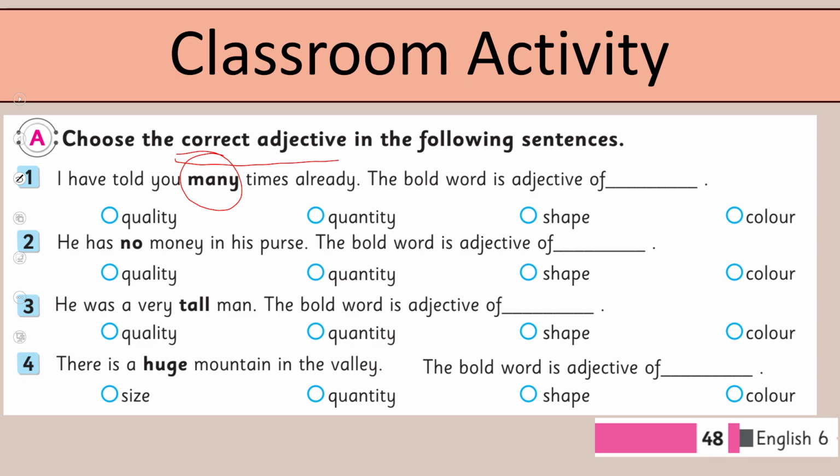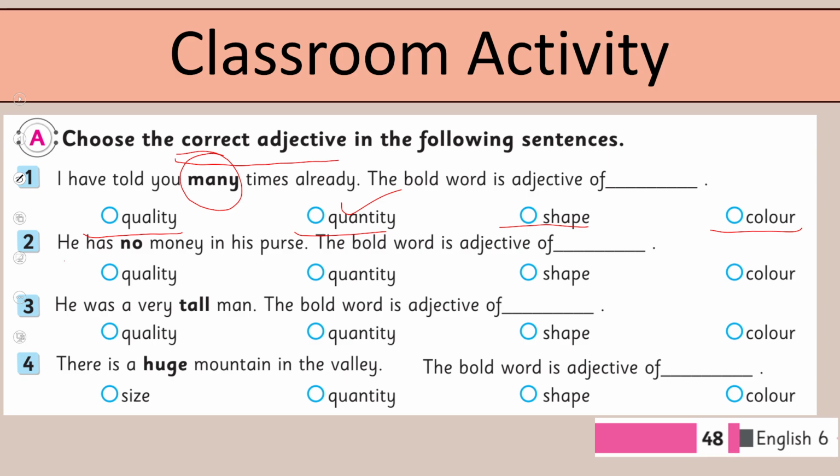But what kind of adjective is it? Is it an adjective of quality, quantity, shape, or color? Think about it. Yes, it is an adjective of quantity because many describes the quantity of something in numbers or how many times you did something.